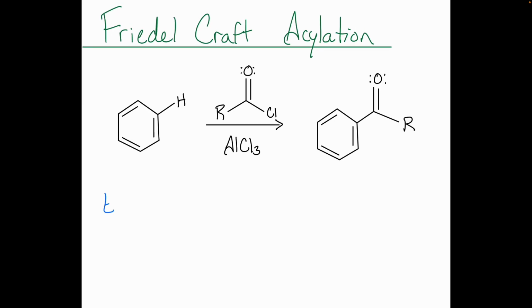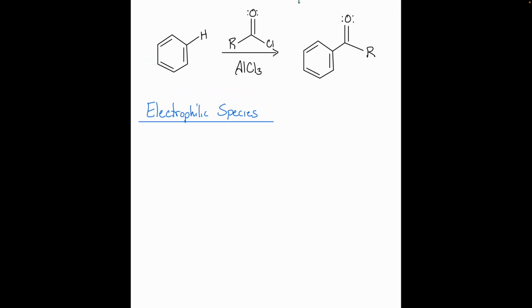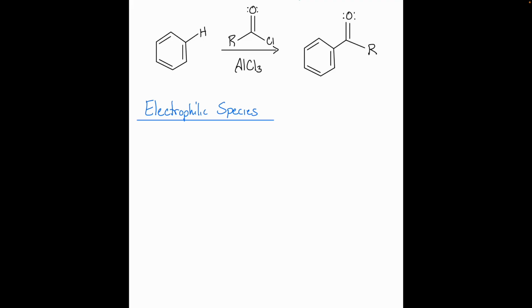All right, and then lastly, same thing, we're going to look at this electrophilic species. We're going to see that that aluminum chloride is doing something very similar to what it did in the previous example, where it's just straight up plucking that chlorine off of there.